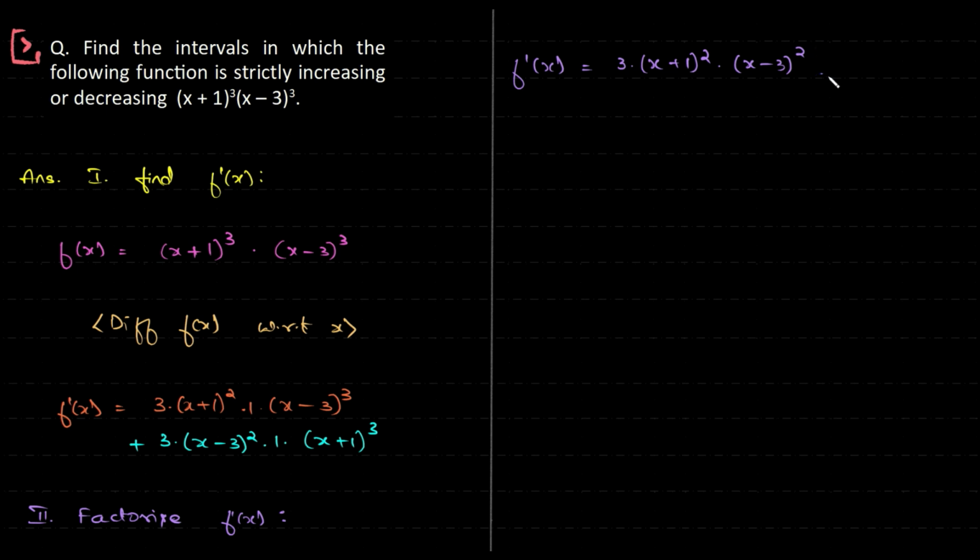And we are left out with, let me go to the next line, in the first term we are left out with x minus 3, and in the second term we are left out with x plus 1. So this will simplify to 3 times (x plus 1) the whole square, (x minus 3) the whole square, and we have 2x minus 2.